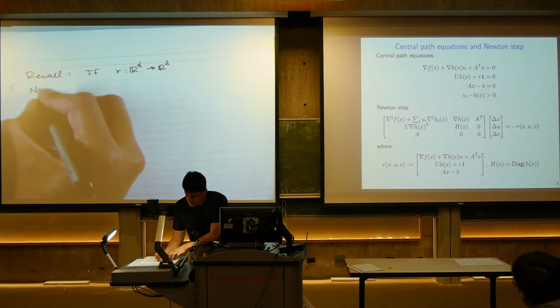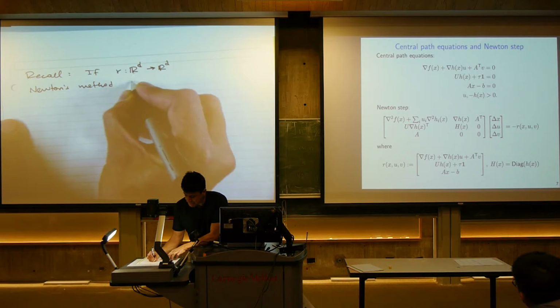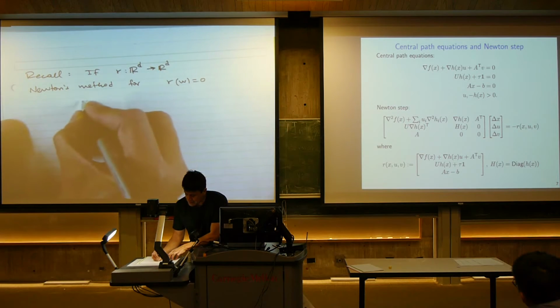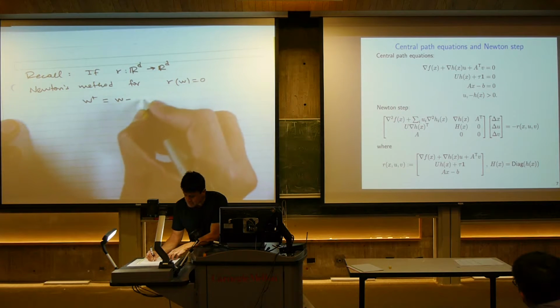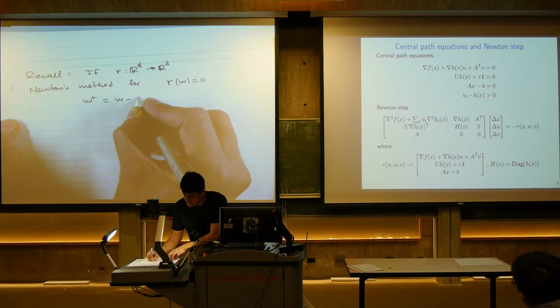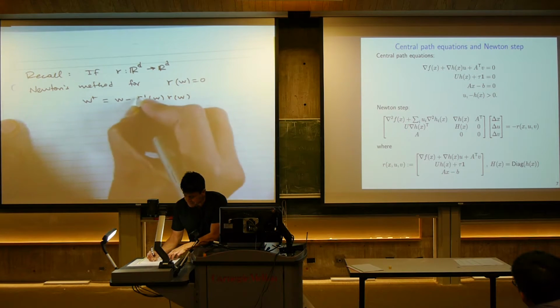So Newton's method for root finding, for solving R(W) = 0, does the following: W+ is W, and then we subtract the Jacobian, which we call R'(W), times R(W).